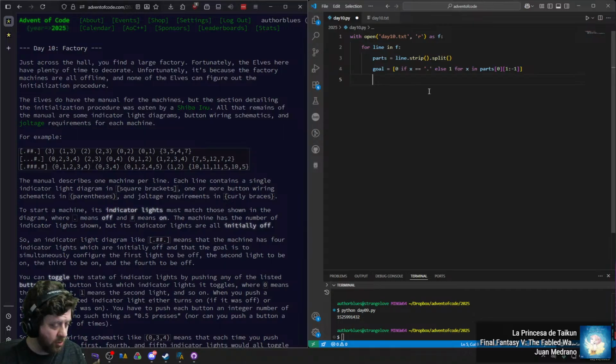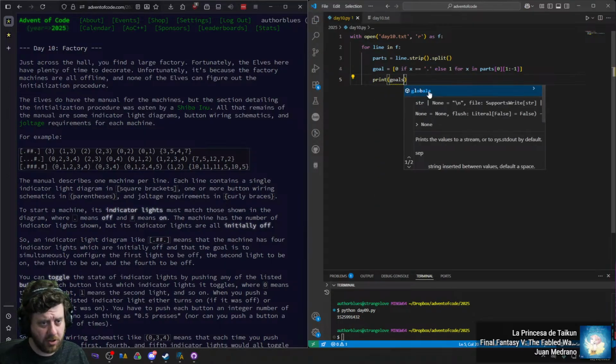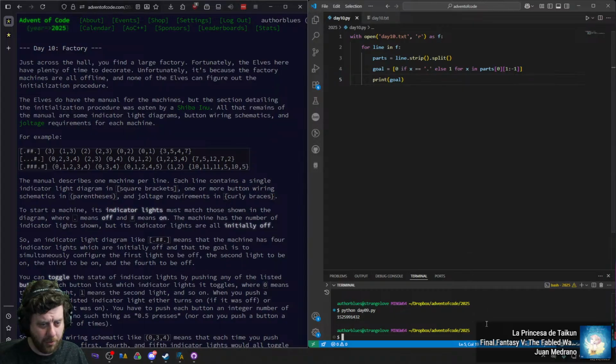Okay, so that's my goal. Print goal. Let's see what we're getting as we go. Complicated parsing always feels like it benefits from taking the reading slow.